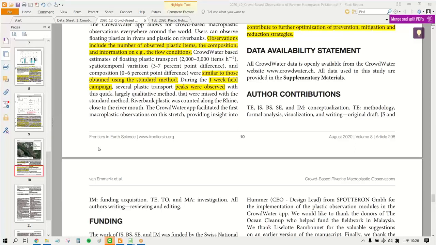But they said that the observers who use Cloudwater can register the data from peak time, but the observers using the standard method missed the peak data. I think there was some kind of technical problem in the observation or recording.